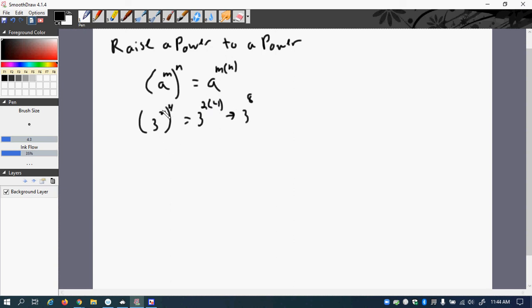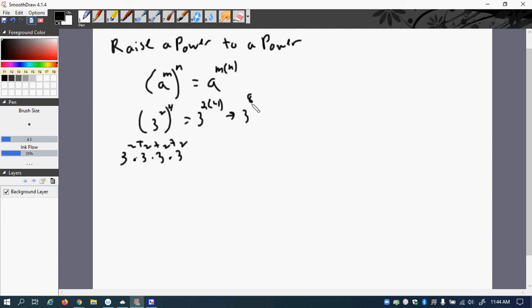This 3 to the second has 4 of them, so I would write this 4 times. So that's 3 to the second times 3 to the second times 3 to the second times 3 to the second, because that's what the 4 is saying. So then we would add these up. And 2, 4, 6, 8 is how I get this. And so there's the setup for that.